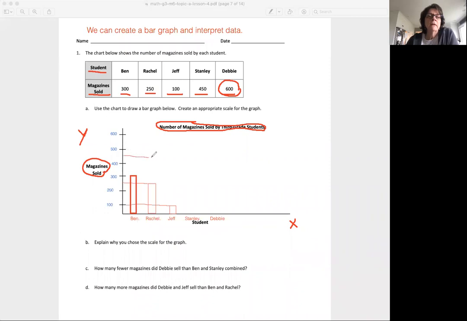So I'm going to draw my little line over here, halfway between 400 and 500, and that's where I'll draw my bar for Stanley. And then last but not least, Debbie is 600, the highest number, so I'm going to draw my little line here. So I have an idea where to draw it, and it's going to go up to that line. So I'll draw my bar up there.